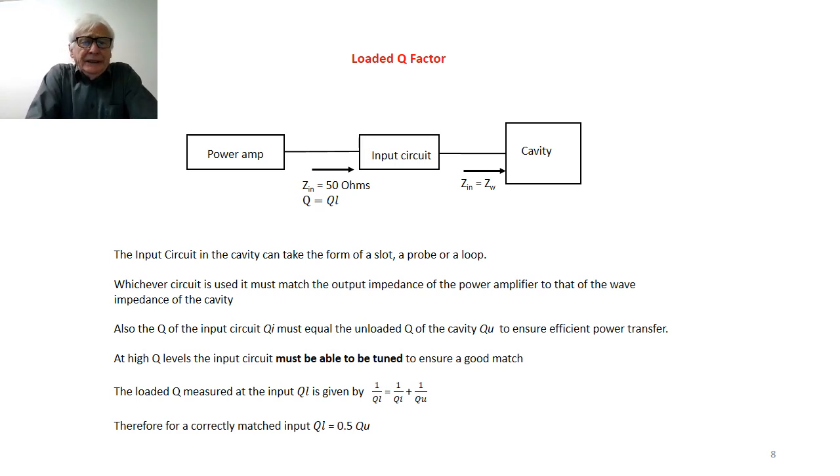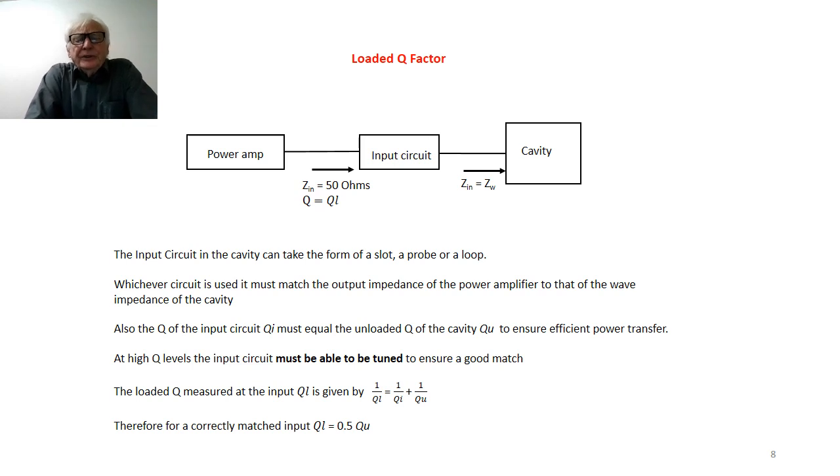So if we look at the block diagram, you can see the power amplifier feeds into the input circuit, which must have an input impedance of 50 ohms to match the standard output impedance of a power amplifier. And the Q at this point, as we're looking into the input circuit, is actually the loaded Q of the cavity, QL.